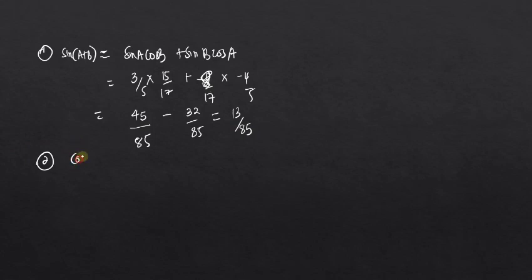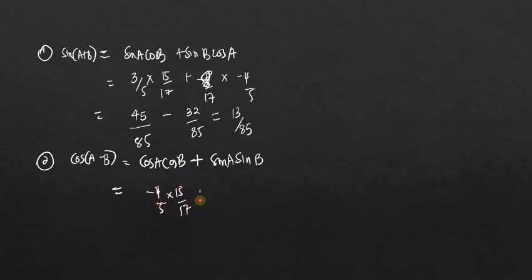Then let's go to the next part. We have cos of (A minus B), and this can be expressed as cos A cos B plus sine A sine B. And we know cos A is -4/5, cos B is 15/17, plus sine A, 3/5, times sine B, 8/17.